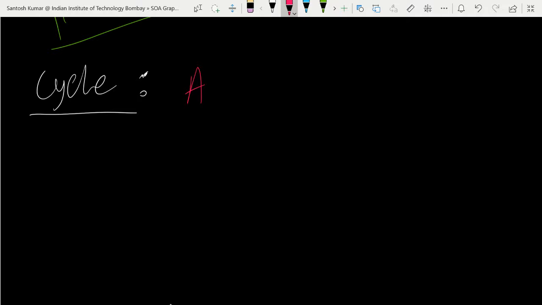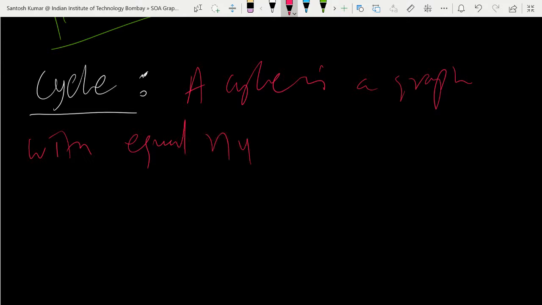A cycle is a graph with an equal number of vertices and edges. Have you noticed?